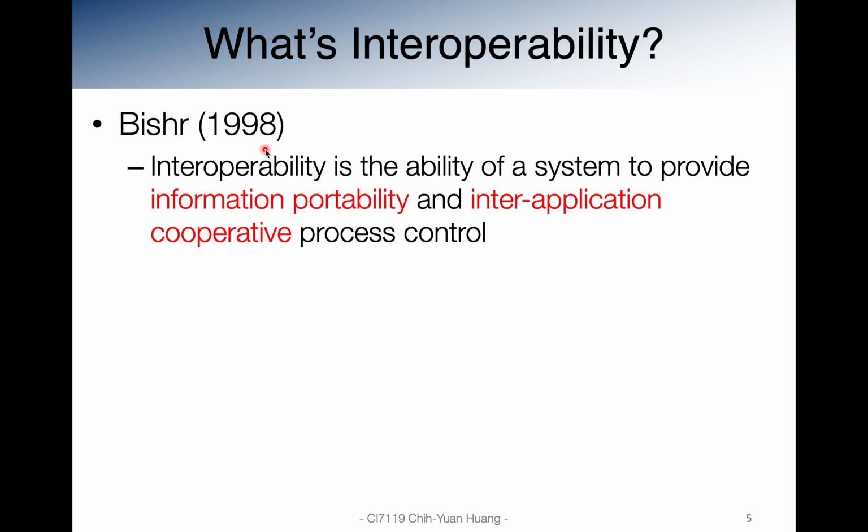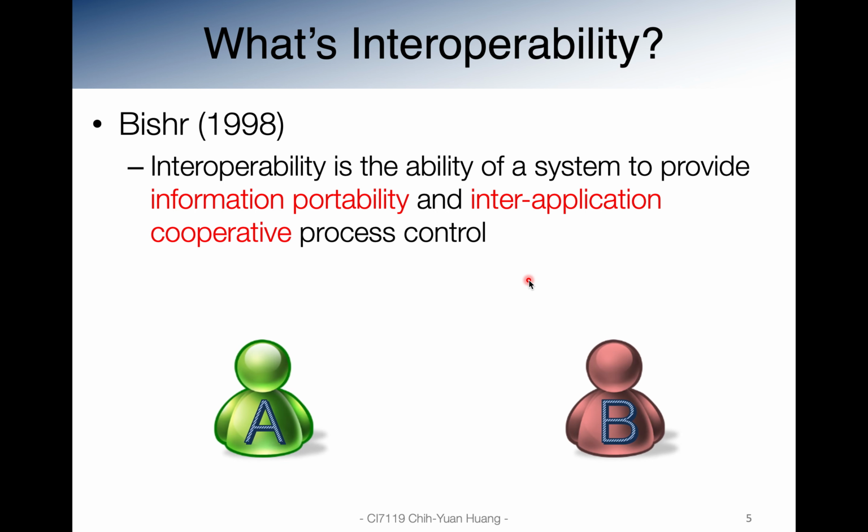He defined interoperability as the ability of a system to provide information portability and also inter-application cooperative process control. This definition is a little bit difficult to understand, so let me give you one example. Basically, interoperability is to allow information to be transmitted and to be understood by two independent systems.